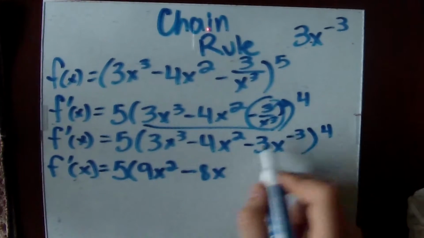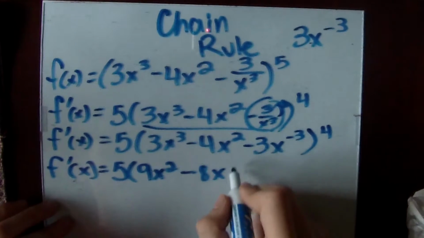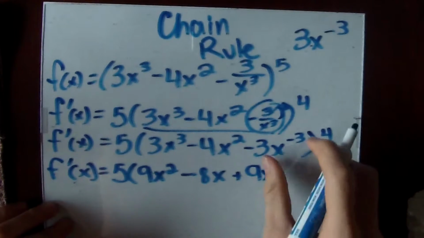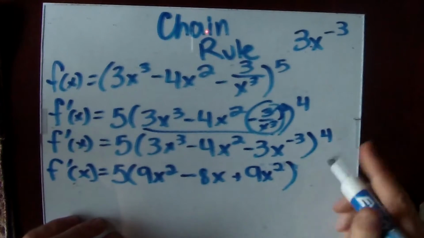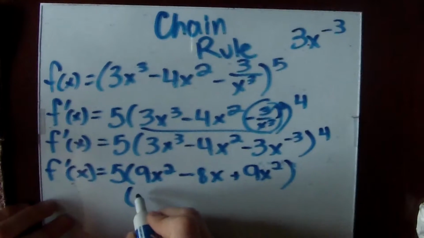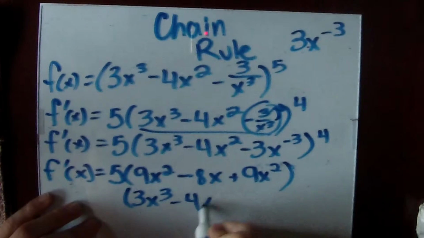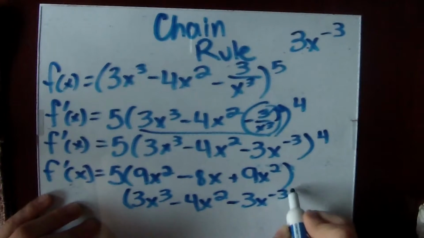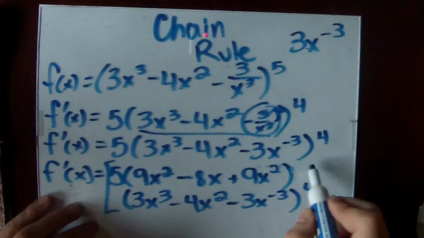And then this one is going to be a negative times a negative, which equals a positive, so it's going to be plus 9x squared. Then this function is going to be multiplied by the original function. You have to rewrite the original function, 3x cubed minus 4x squared minus 3x to the negative third, and all of that is to the fourth, so all of this is the same.